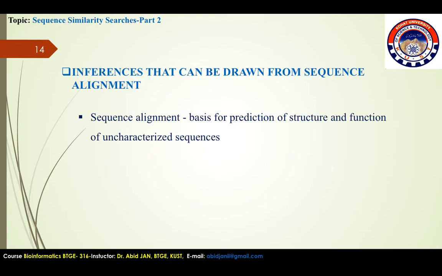that information can be transferred to those that have not yet been experimentally characterized. Therefore, sequence alignment can be used as a basis for prediction of structure and function of uncharacterized sequences.